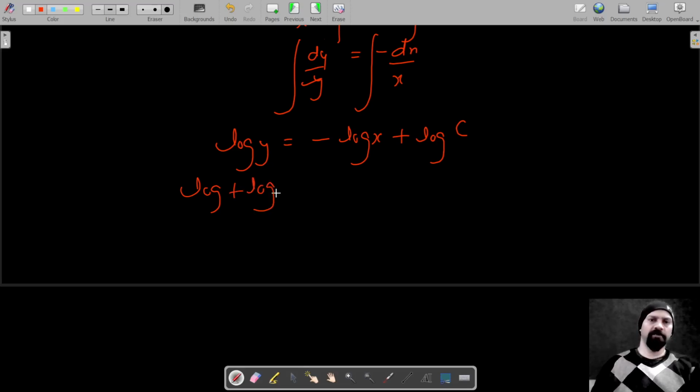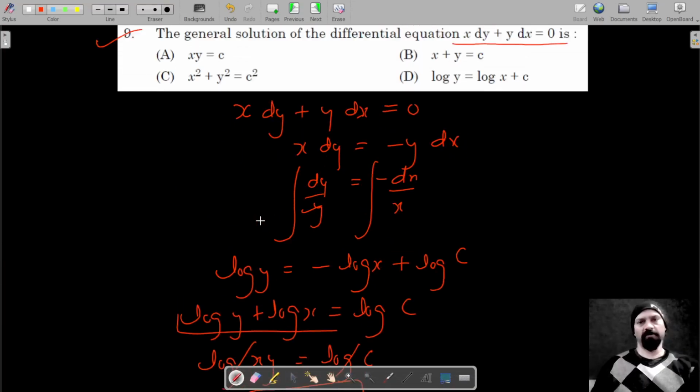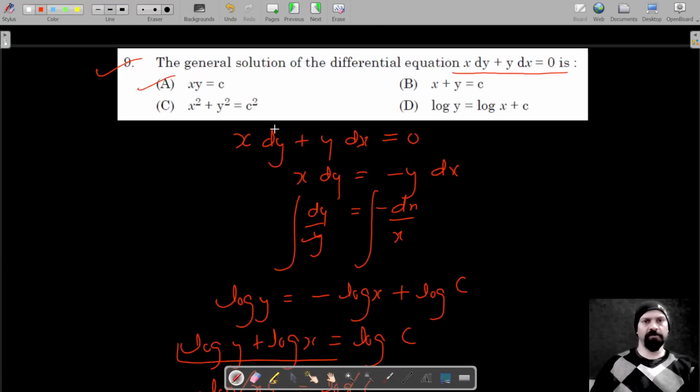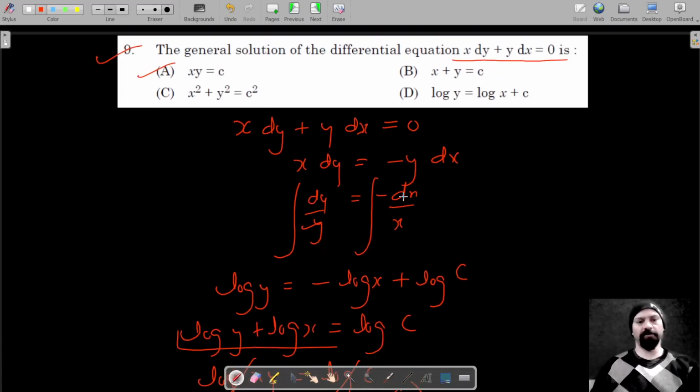Now this can be rearranged as log y plus log x is equal to log c. Log a plus log b is equal to log of a into b, so this is log xy equal to log c, which gives us c is equal to xy. So this is the general solution, and our option is a, c is equal to xy. A is the correct option for this one.